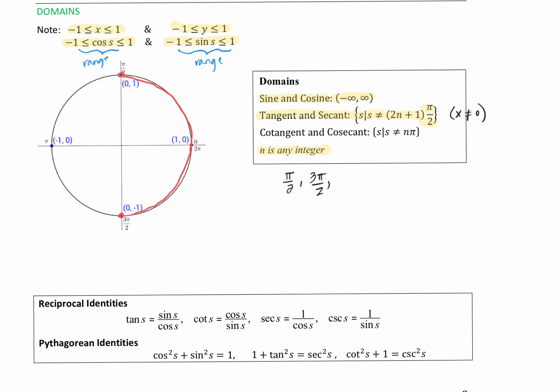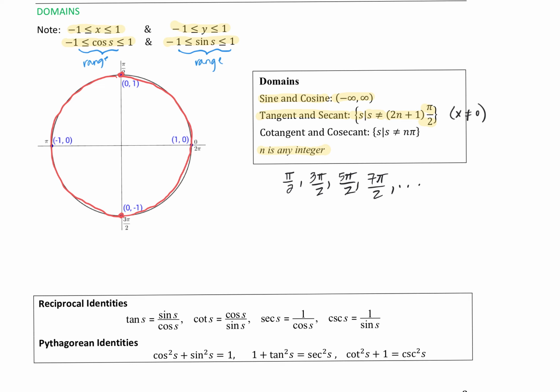So pi over 2 is the same as saying 5 pi over 2. And if we continue on, another distance of pi will be at 7 pi over 2, and so on. So we can keep going around.